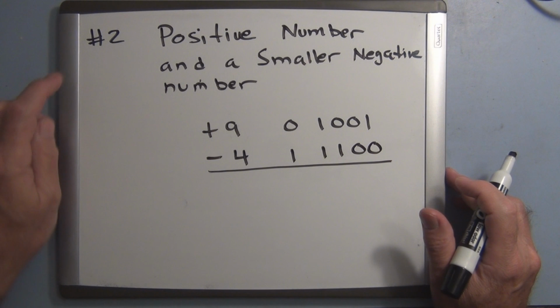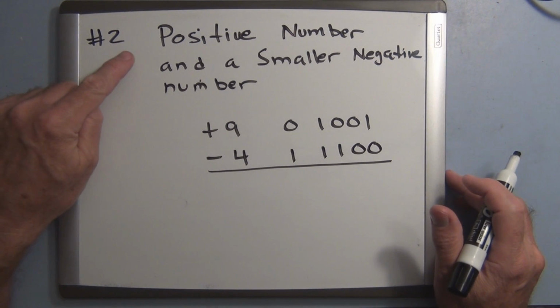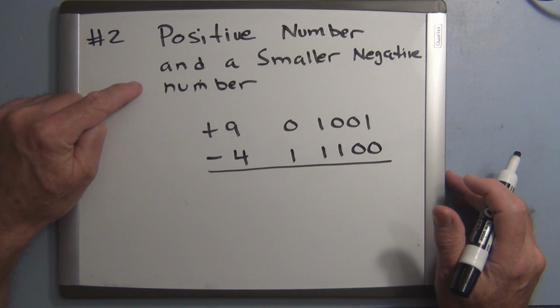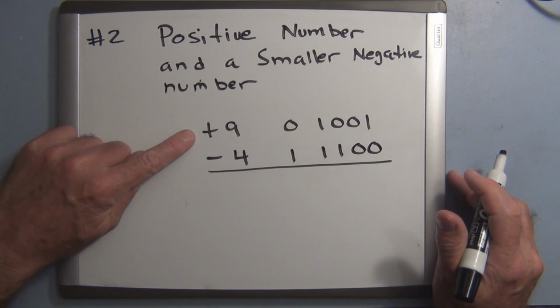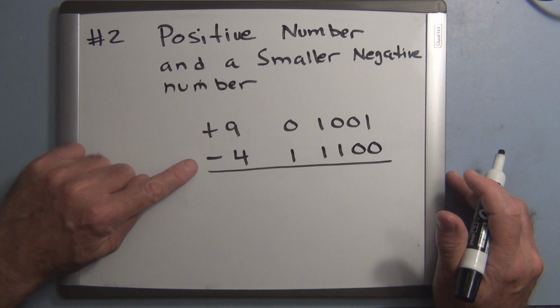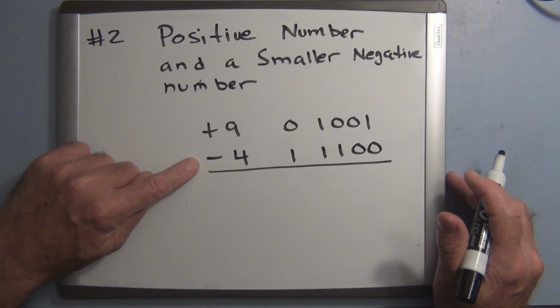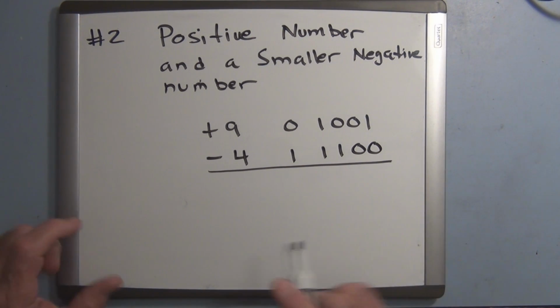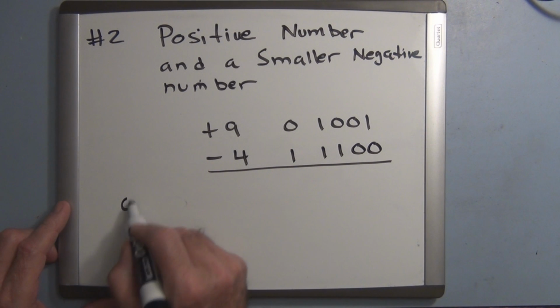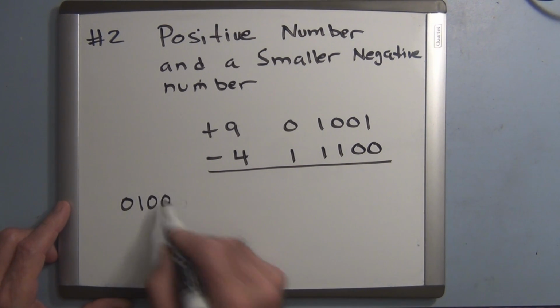In the second case, we're going to have a positive number and a smaller negative number added together. So here we have plus 9 and minus 4. So minus 4, we know, must be in 2's complement already. Minus 4 is 0, 1, 0, 0.